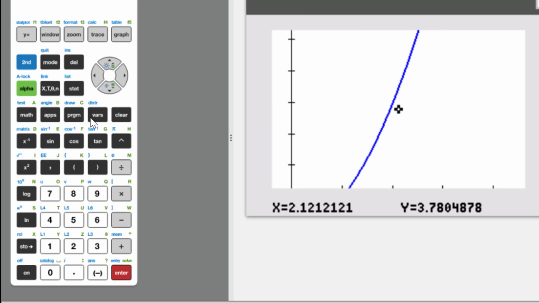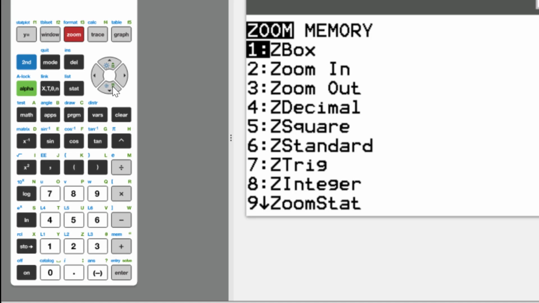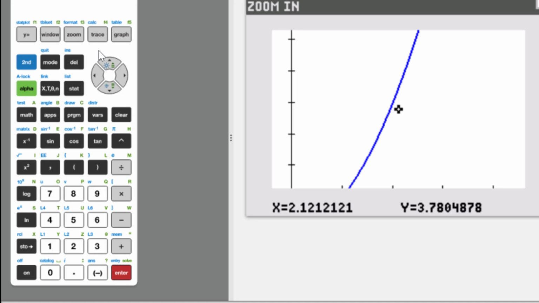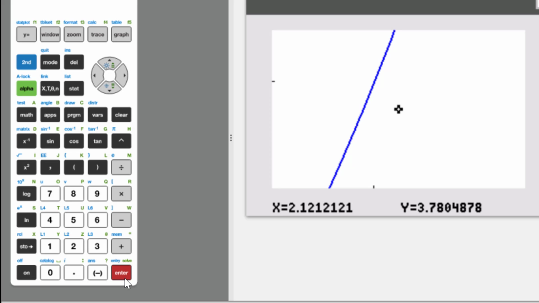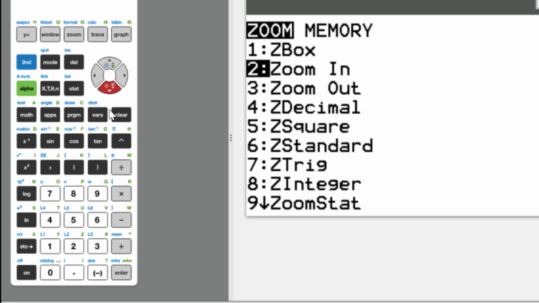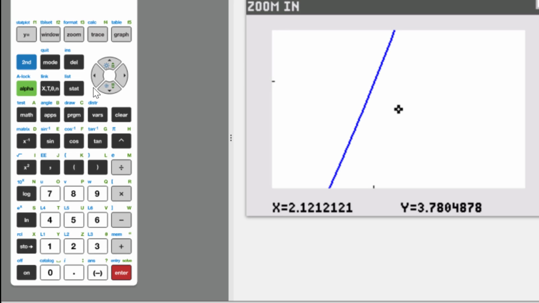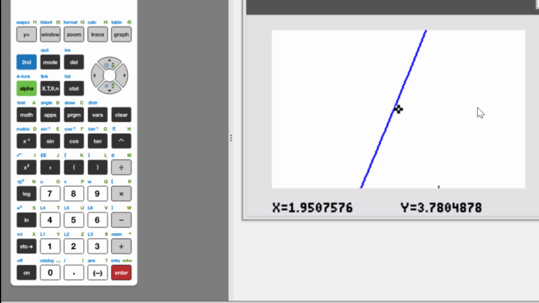It looks a little less curvy, doesn't it? And if you keep zooming in on one spot, it's even less curvy. And I can continue zooming in indefinitely, more and more. And eventually, it looks almost like a line. So that's what we mean by locally linear. If you zoom in more and more, then it looks like a line, which is what we have going on here.